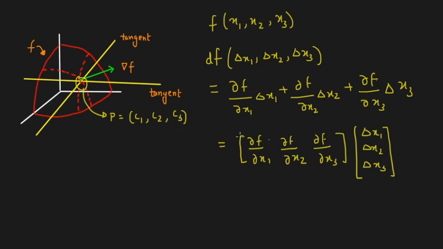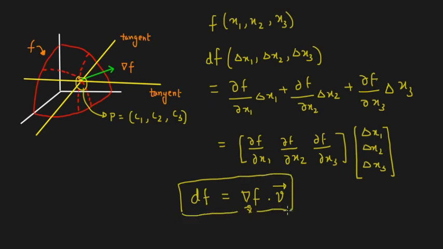So these deltas represent a slight movement in x1, x2 and x3 from this point P. So this can also be written as gradient of f with respect to x, dotted with the slight changes, which can be represented by a vector v. So we have right here df equals gradient of f dot v. What's interesting about this equation is we have a gradient, we have the total change in function, and we have the individual movements of x1, x2 and x3.